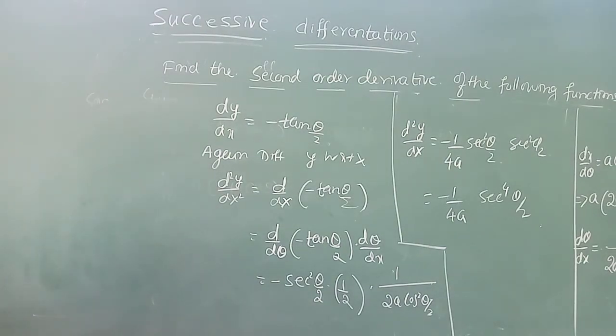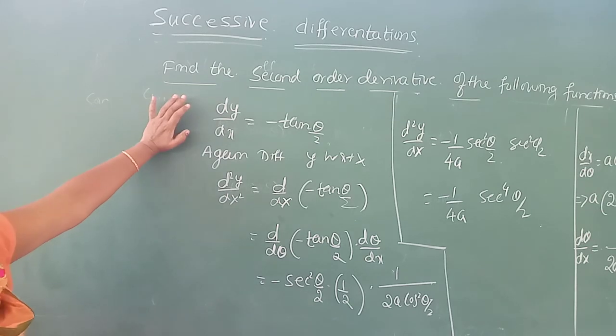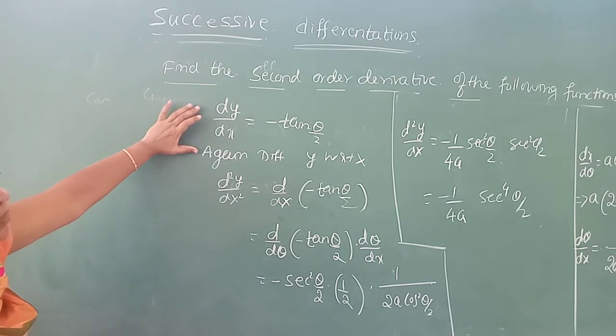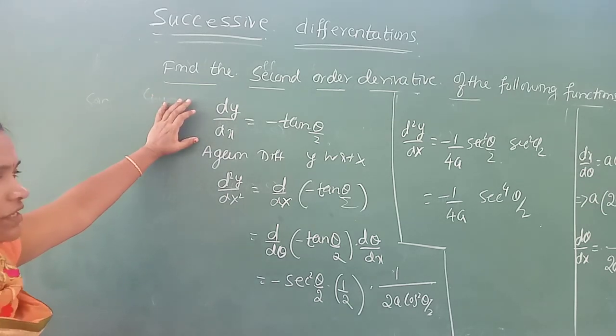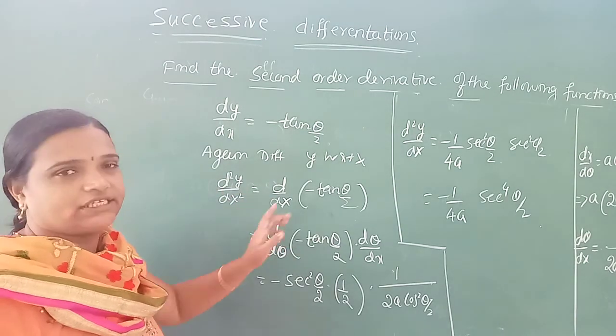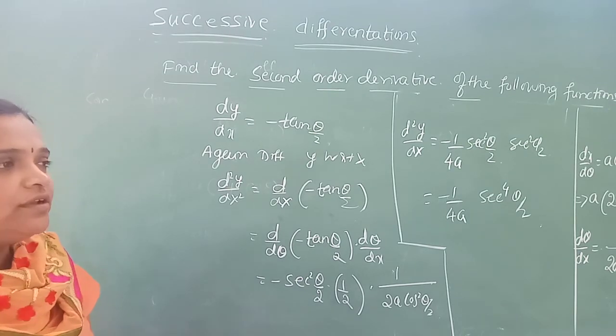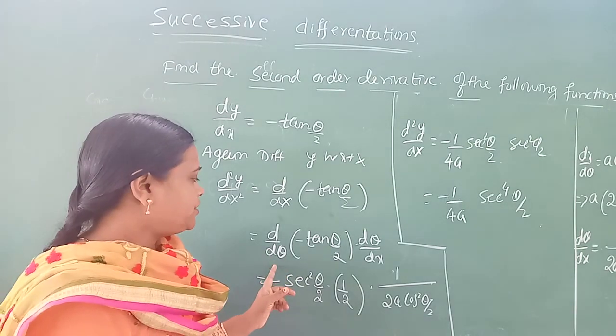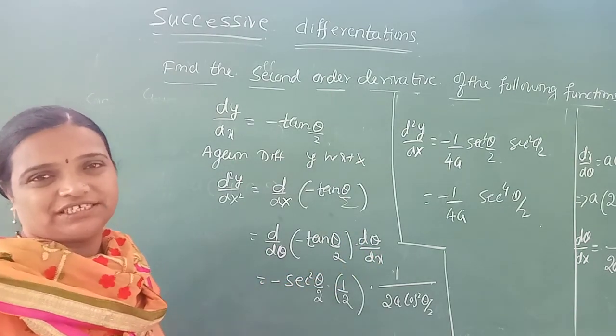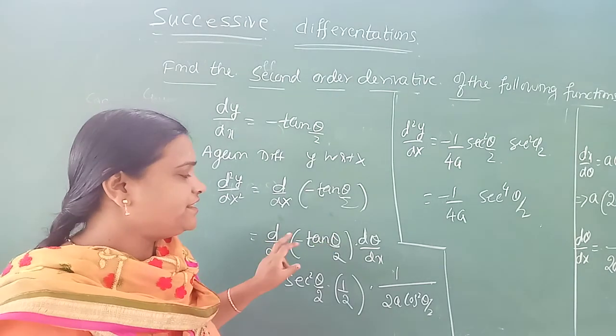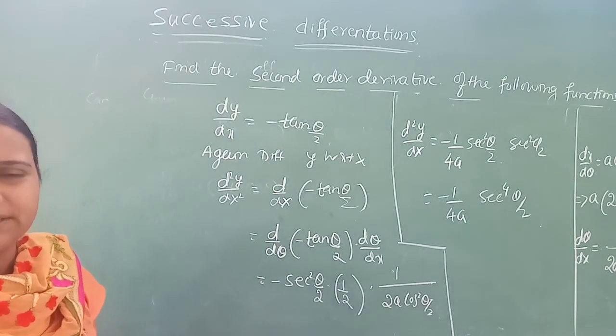I hope you understand. See, up to this there is no problem at all. Suppose we do the differentiation with respect to x, we get d by dx of tan theta. But inside it is a function of theta. Therefore, we have to manipulate, divide by d theta and multiply by d theta. Cancel, we will get again d by dx. Did you understand?